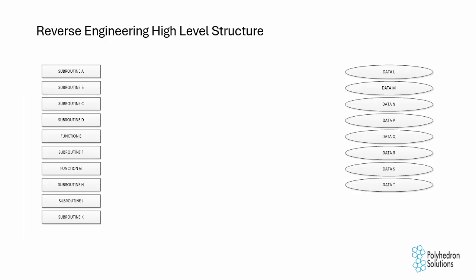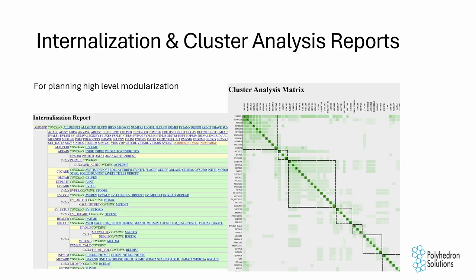If you look at a traditional Fortran program, then it comprises a lot of subroutines and a few functions perhaps, and a lot of data areas like common blocks. There are two reports produced by global static analysis which can help you to sort out that structure. The first is an internalization report.